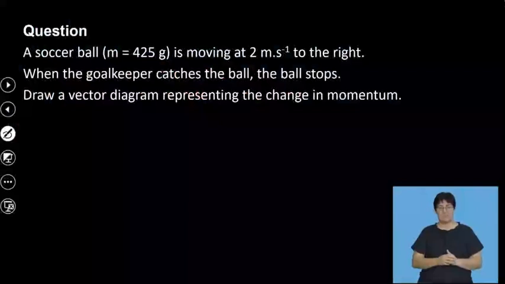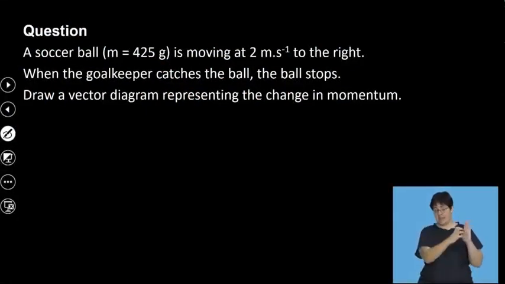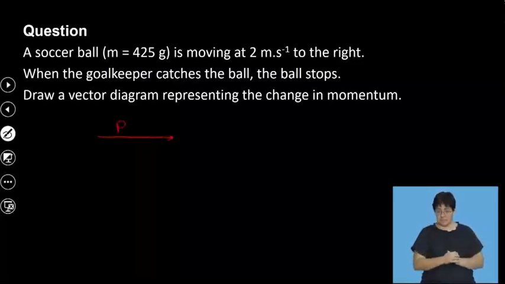If we now look at the diagrams, all right, I'm going to do all three again. Initial momentum, okay. Final momentum, nothing. Okay, didn't go anywhere. I can't draw a diagram, it's 0.